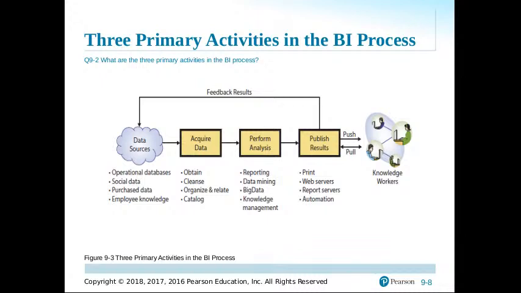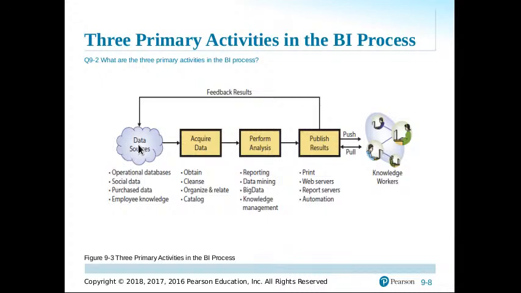So what are the primary activities we can do in the BI process? What does it do when it has the data? Remember that BI requires data, either internal data or external data purchased somewhere. Starting from the left-hand side, we have the data source.